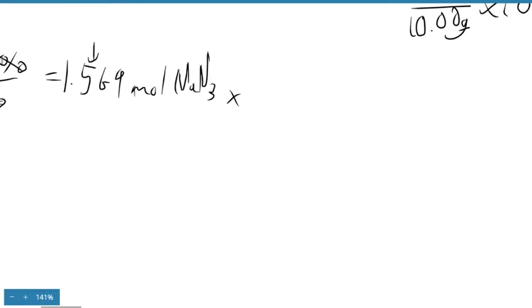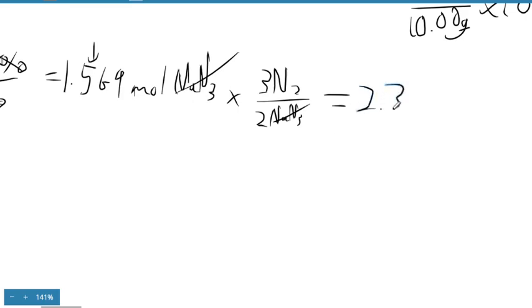So this would be 3 N2 over 2 NaN3. So we can cross out the NaN3. Divide what you have in your calculator by 2 and also multiply it by 3. That would give us 2.354. This is moles of N2.